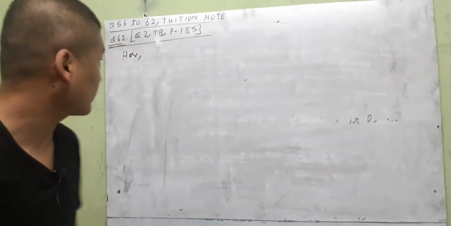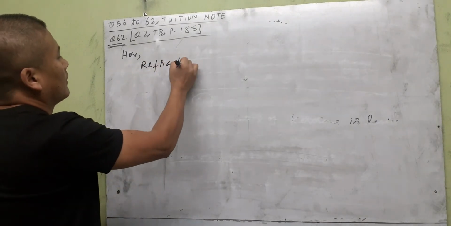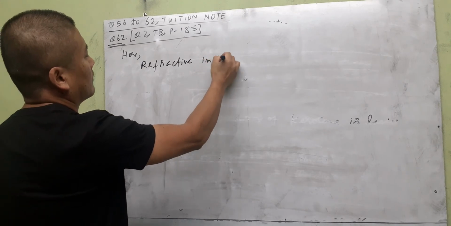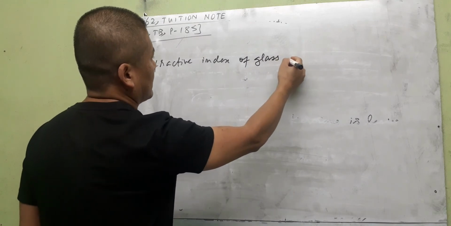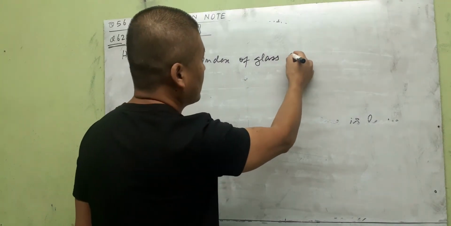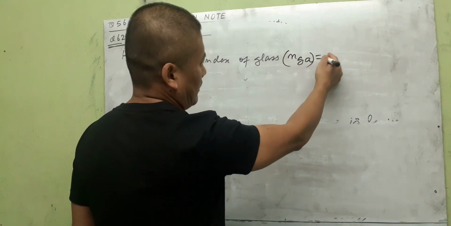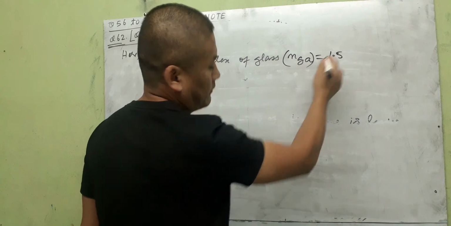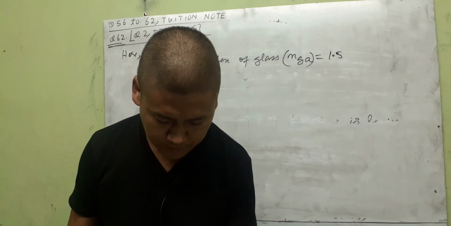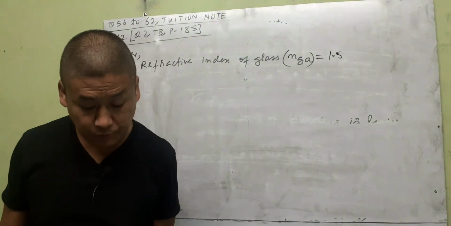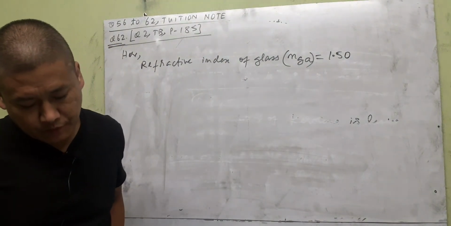So here, the refractive index of glass, let us say N glass to air, GA, is equal to 1.5, given. Refractive index of glass is given as 1.50, or 1.5 only. The next question: what is the speed of light in glass?